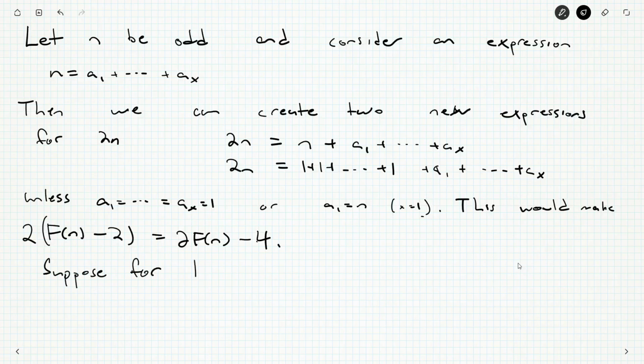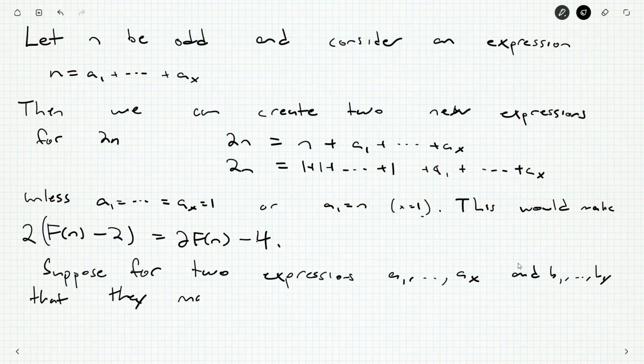Suppose for two expressions, a1 to ax and b1 to by, that they make the same expression. Okay, that's the idea.